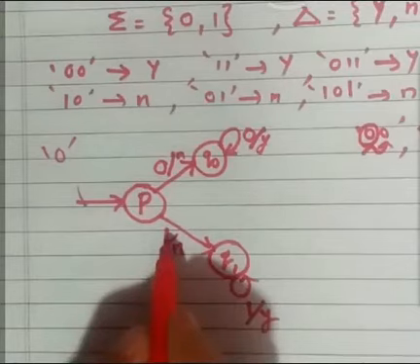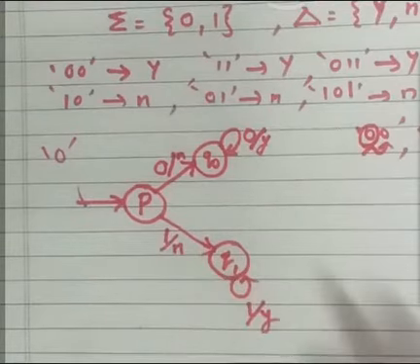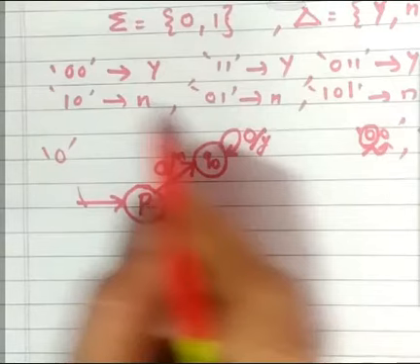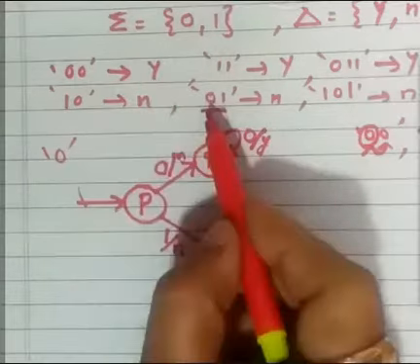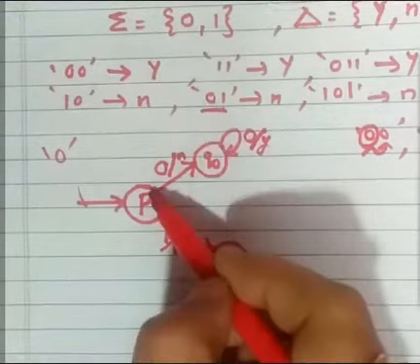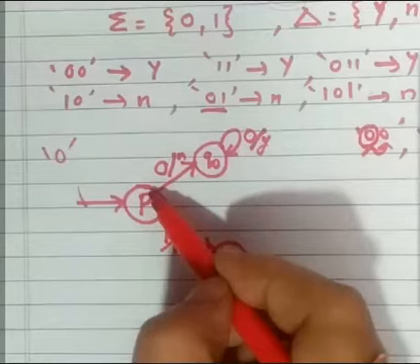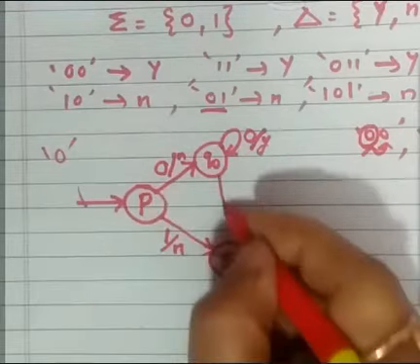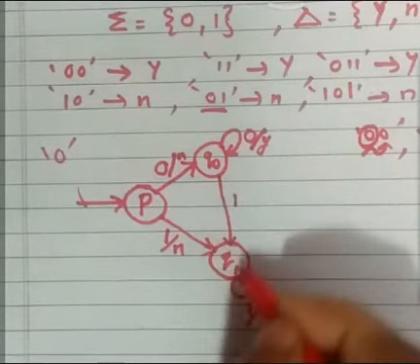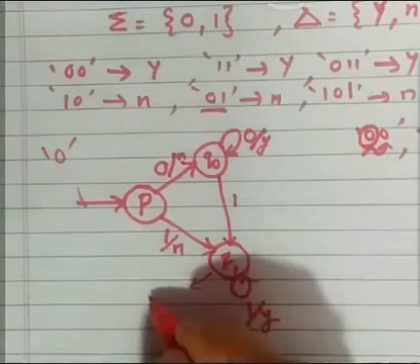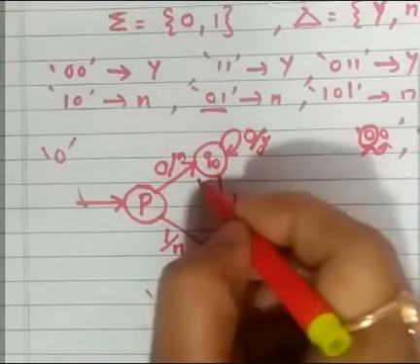Next, what if I get, for example, 0 and then 1? We know that the output is expected to be no. So if I get 0 and I don't get 0 but I get 1, I should reach a state where Q1 is indicating what? Here I have got the first 1. This indicates that I have got a single 0, right?